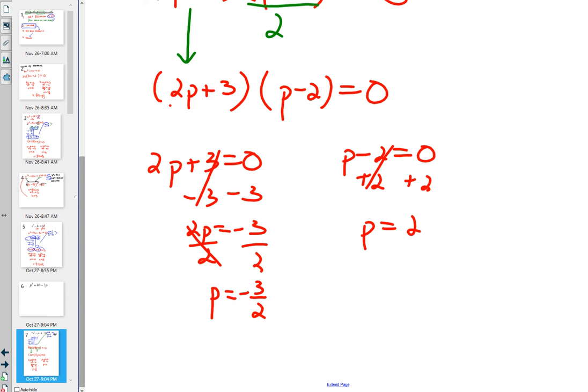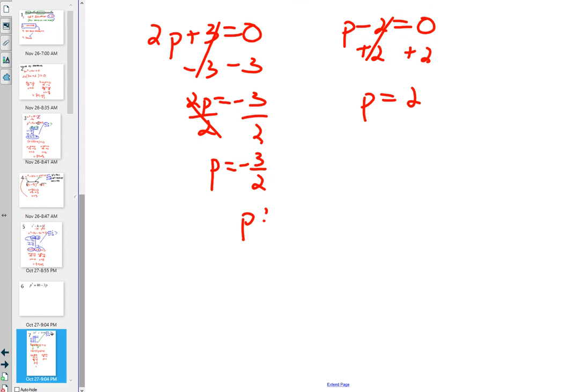This one here, they couldn't be divided. So. Yeah, correct. So if you were to write this as a solution set, it'd be the little colon.